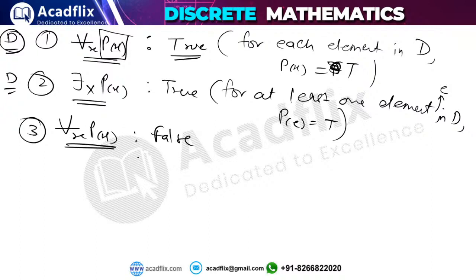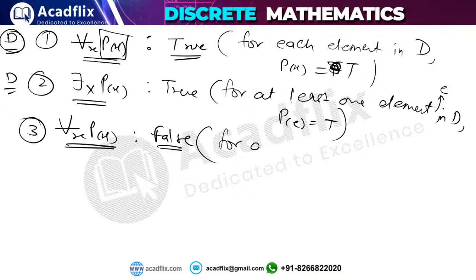This thing, for all x P(x), when will this become false? See, for all x P(x) will become true when for every element it is becoming true. So when will it become false? It will become false when for at least one element this P(x) is false.